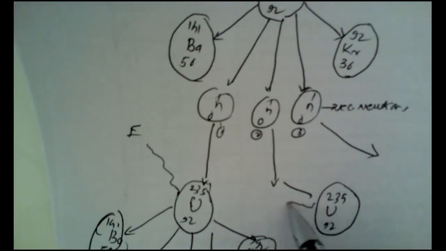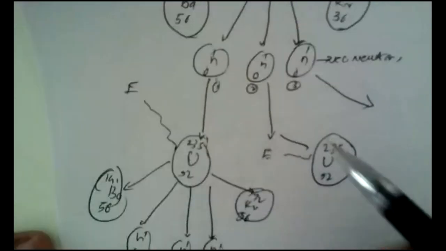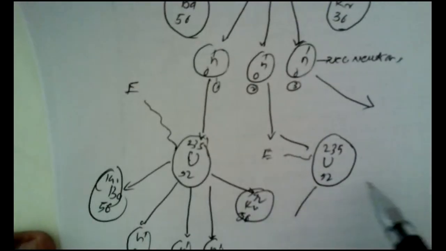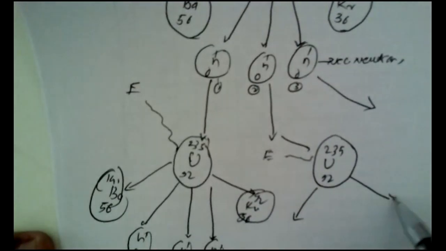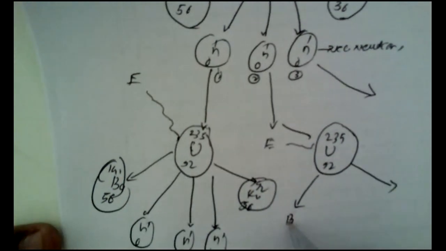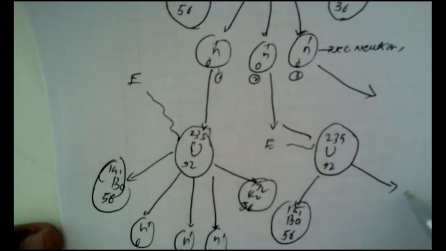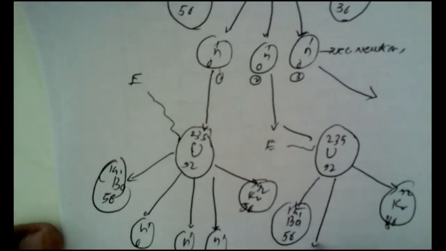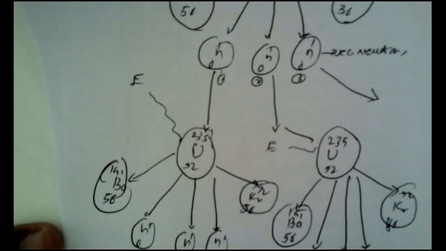The energy is released, and as we know, 2 fission products are obtained. We are familiar with these fission products: barium 56, 141, krypton 36, 92, and 3 neutrons are ejected like this.